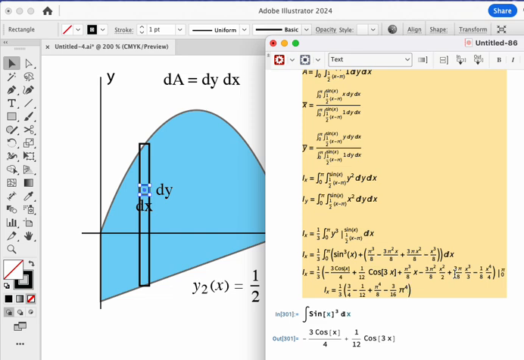The 3's cancel out, so it'll just be pi to the 4th over 8. This is plus pi raised to the 4th divided by 8.